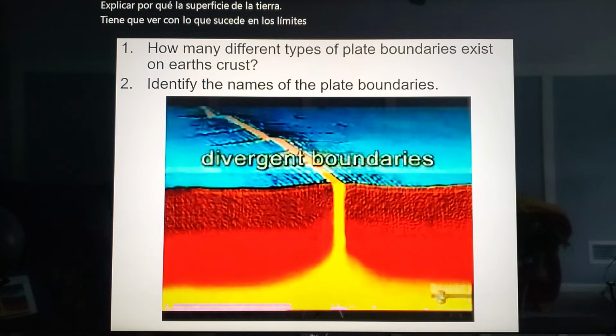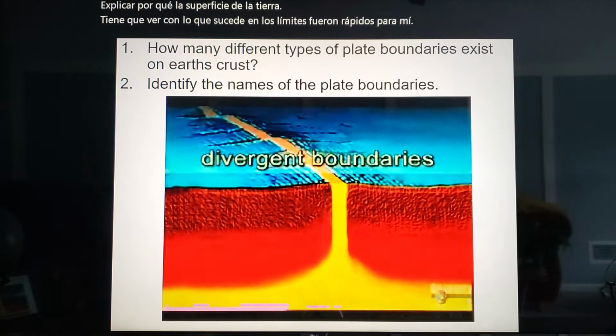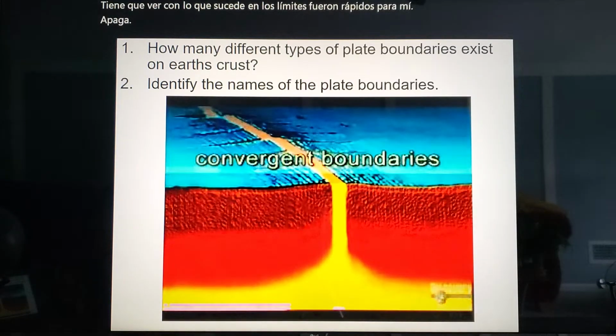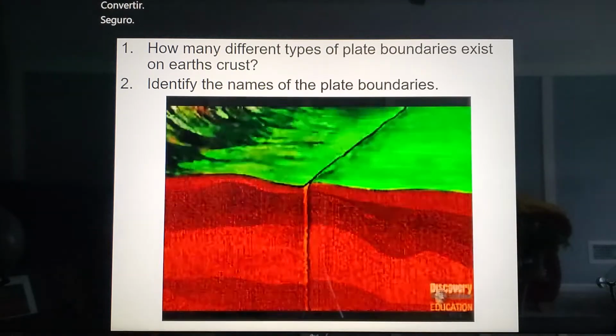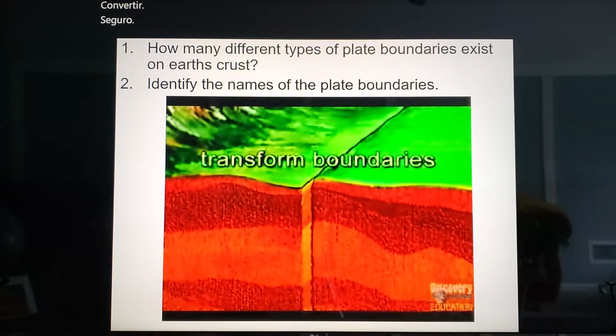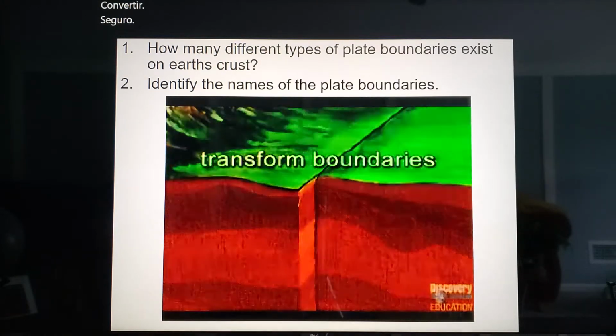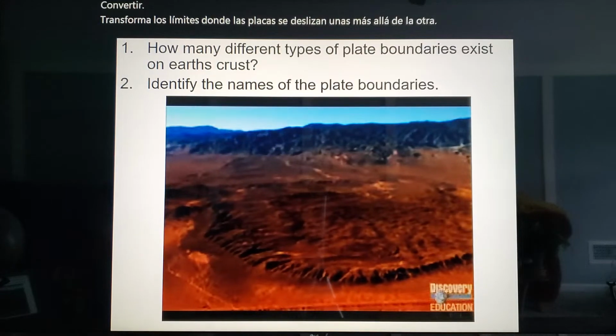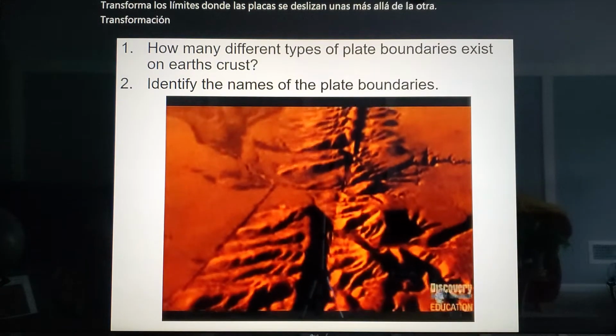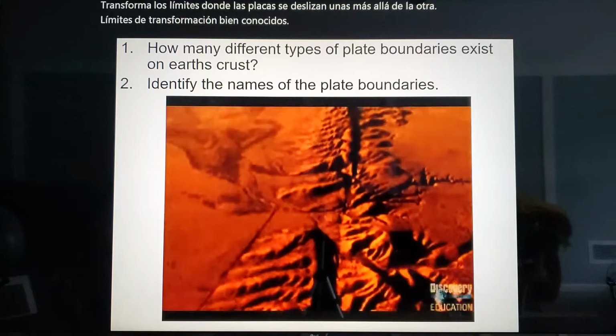Divergent boundaries, where plates spread away from each other. Convergent boundaries, where plates push toward one another or collide. Transform boundaries, where plates slide past one another. A well-known transform boundary is the San Andreas Fault, which runs almost the entire length of California.